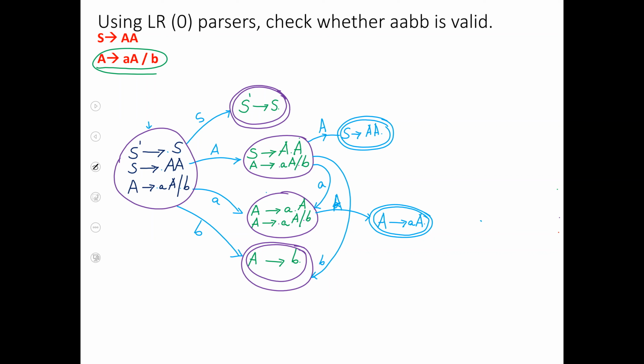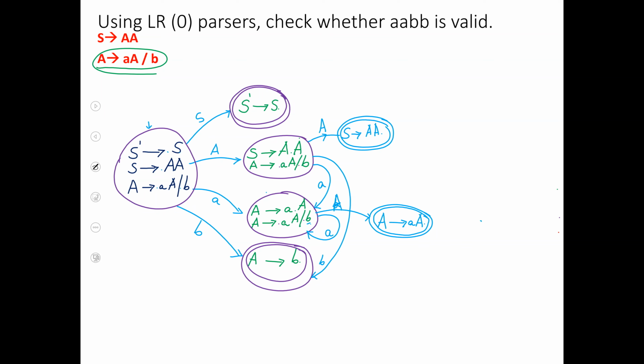Now let's go for the second rule. A, small a, capital A, the dot has to travel. It has to go between capital A and small a, which means, interestingly, when I traverse on small a, I will be coming back to my original, the same state, A dot A, and A I can expand it as dot AAB.